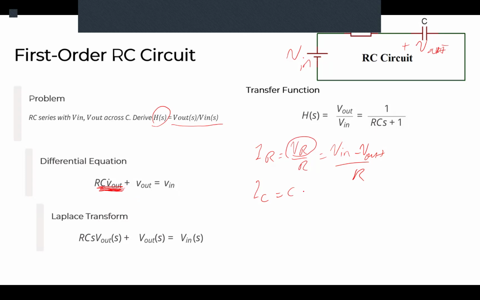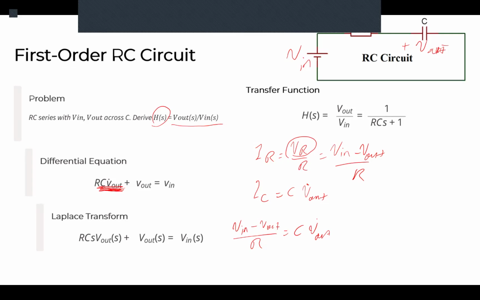So it becomes C times the first derivative of V out. Now these two are equal to each other. So V in minus V out over R is going to be equal to C V prime out. Correct? Now, do the simple algebraic derivation.